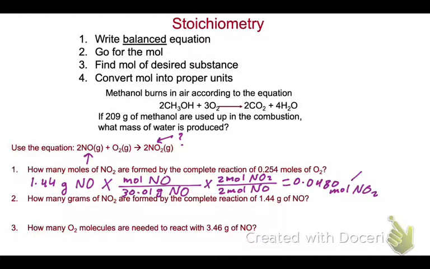However, they want the grams, so I just continue with my next conversion factor, and I will say 46.01 grams of nitrogen dioxide for every 1 mole of nitrogen dioxide, and the final answer will be 2.21 grams of nitrogen dioxide.